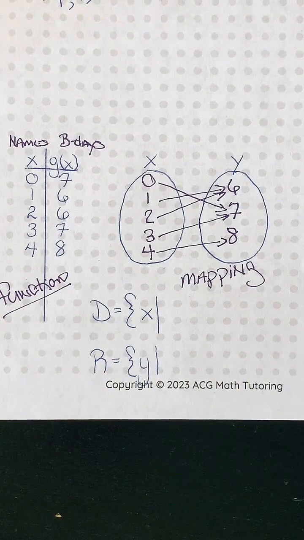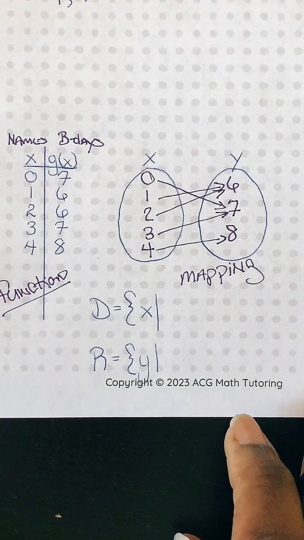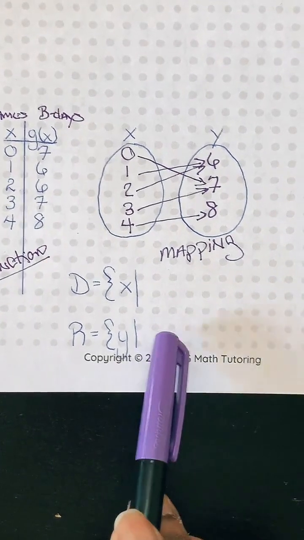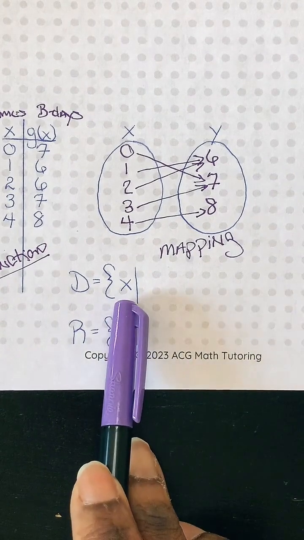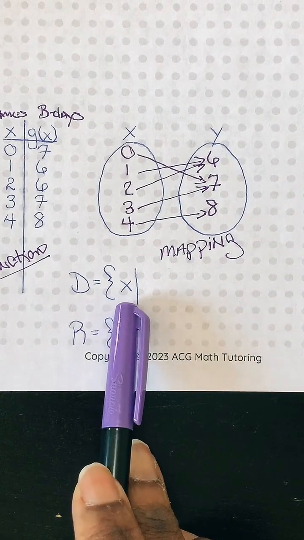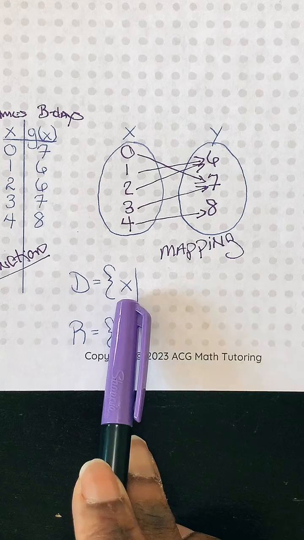How are we doing? So range is basically referring to all the possible output values. Exactly, Lucas. Exactly. Okay. So if I may take it down to the next part, we're going to list out our domain. Some people like to put the X to emphasize that the domain is the list of your X's.